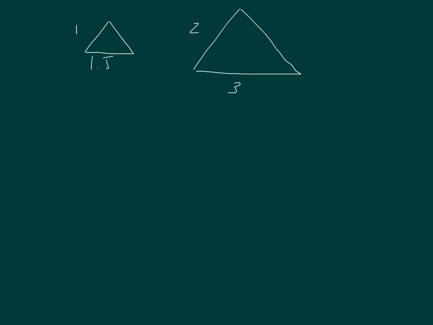So if the ratio is 2 to 1, then that means that the area ratio is going to be 2 squared to 1 squared, or 4 to 1. And the reason for that is that when we find area, we actually use the lengths of 2 of the sides of the triangle, because we need the altitude, or the perpendicular height of the triangle, as well as the base of the triangle, this side here.